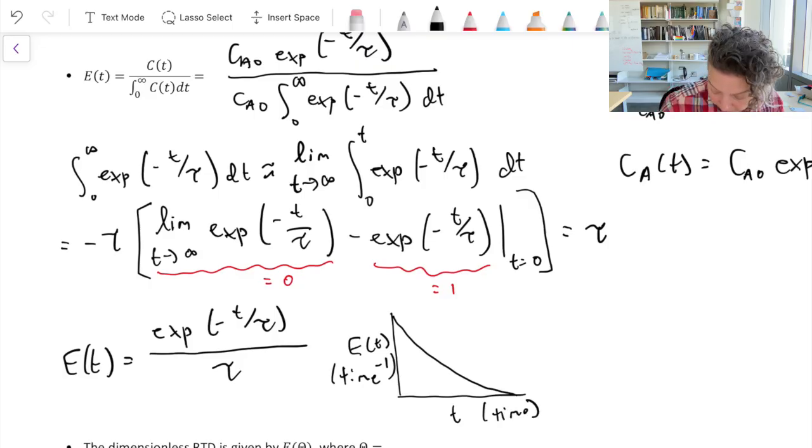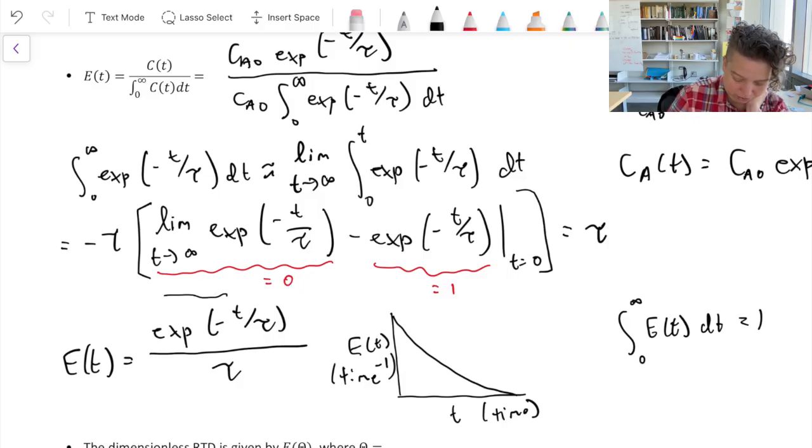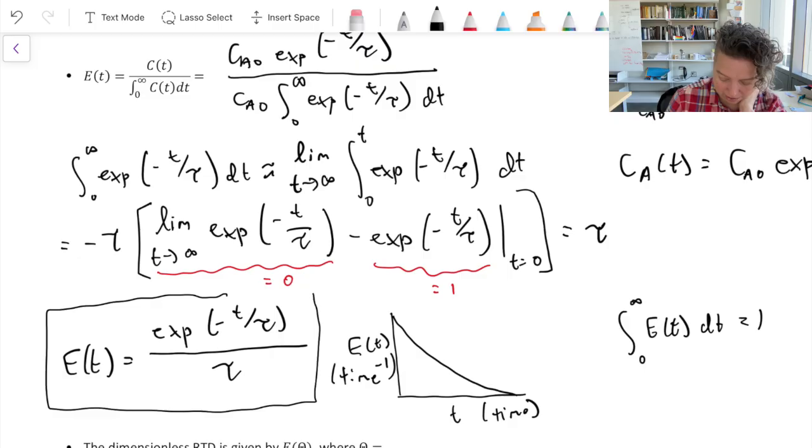And of course, if we integrate E of t dt between 0 and infinity, we're going to get 1. So 100% of material eventually has to come out. Okay, so that is our residence time distribution function for an ideal CSTR.